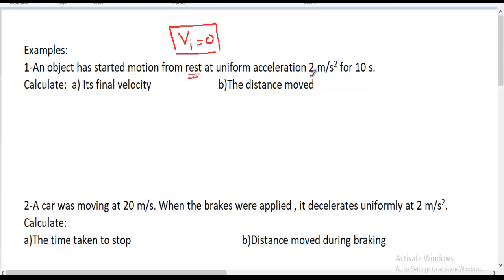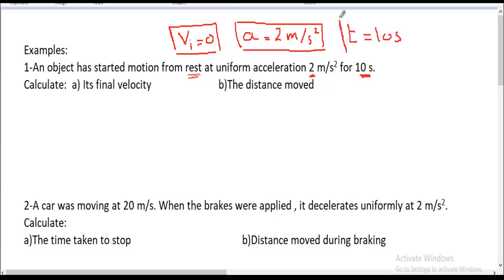At uniform acceleration, you have acceleration here 2 meters per second squared. Take into consideration that you have uniform units. For time, 10 seconds. So the unknown is final velocity.